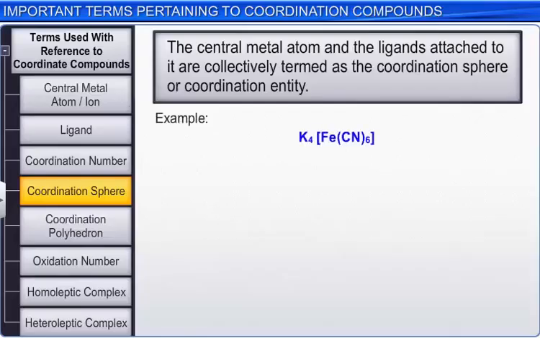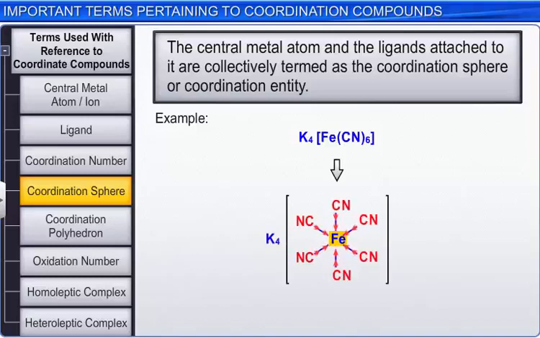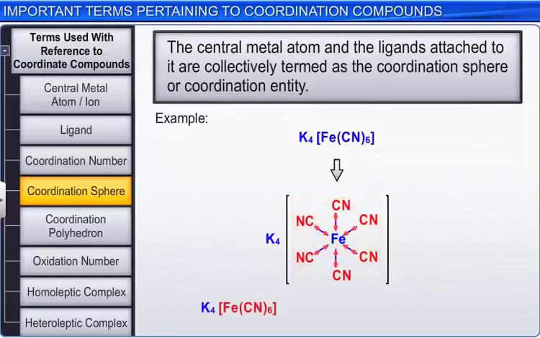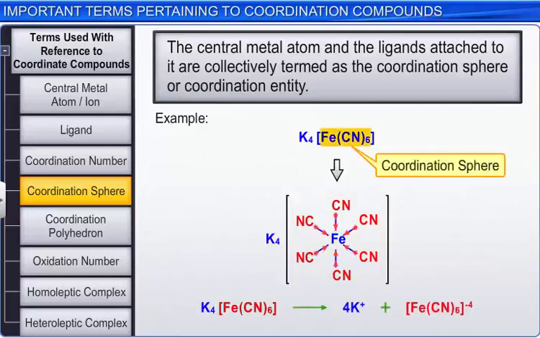For example, in the complex K4[Fe(CN)6], Fe, along with the 6 cyanide ligands, is the coordination sphere. The coordination sphere is written inside square brackets, while the ionizable groups are written outside the bracket and are called counterions.